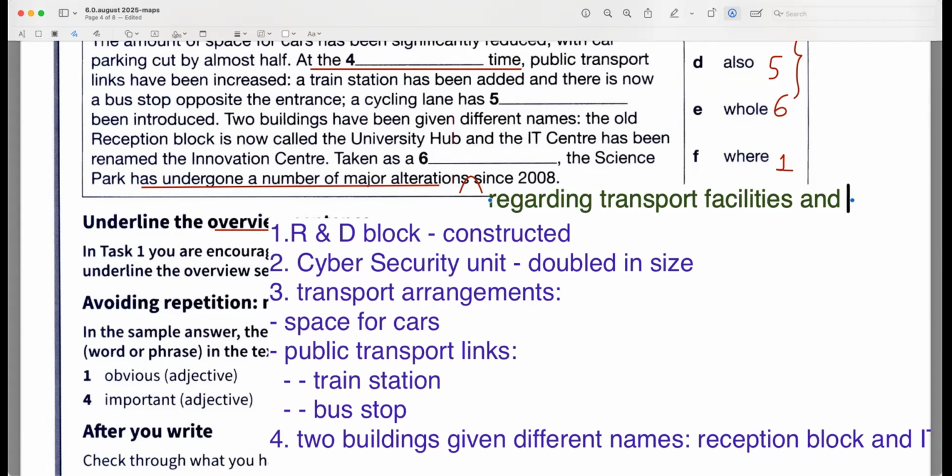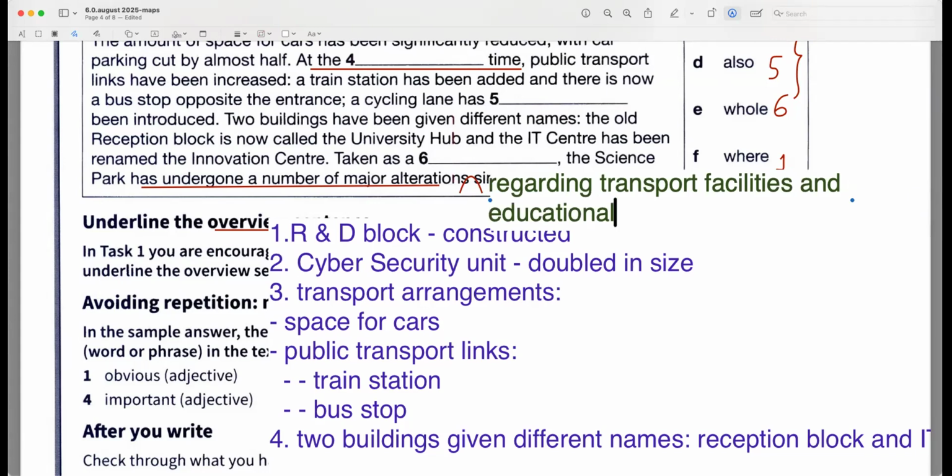Education, educational. Okay, yeah, or maybe, because it's more about the science park, we can say scientific facilities. Yeah, educational facilities. Or you can say, because those facilities focus on science, right?